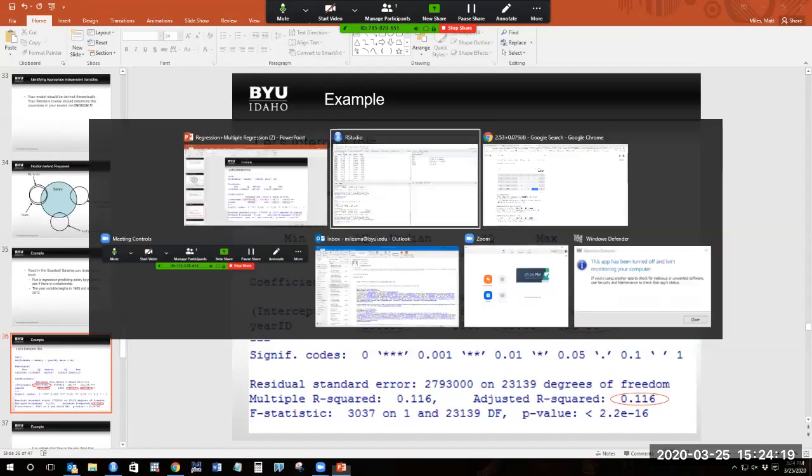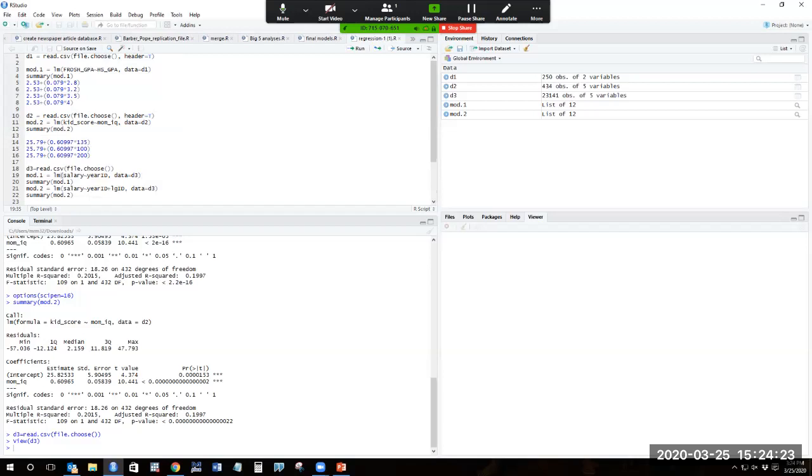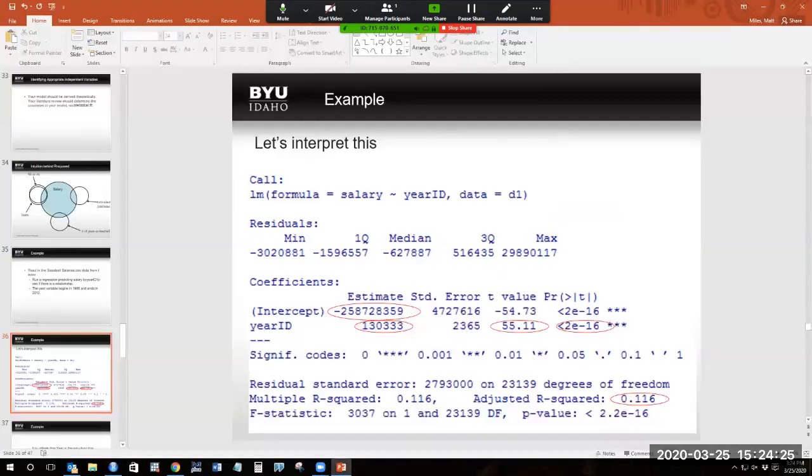So if I run the model, then there's my model. I do the summary, and I see, yes, here's my estimated intercept. It's enormous. Here's the year. It's positive. Its T is bigger than 1.96, and it's less than 0.00 for a p-value, and it has more than one star, so this is significant.